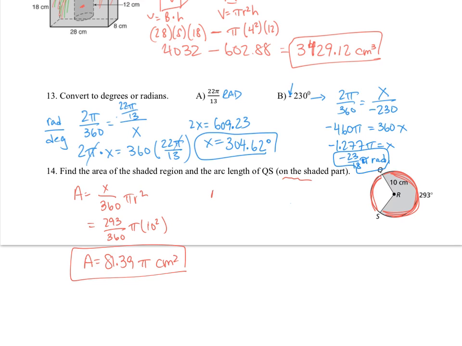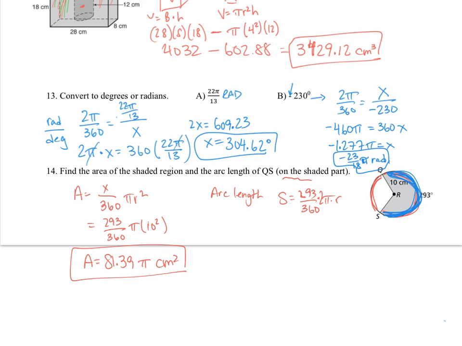So the arc length, S, will be 293 out of the 360, but this time we've got 2 pi r, which is the circumference of a circle. Again, be careful. In this question, I should have worded it better. I'm asking for this along the shaded region.